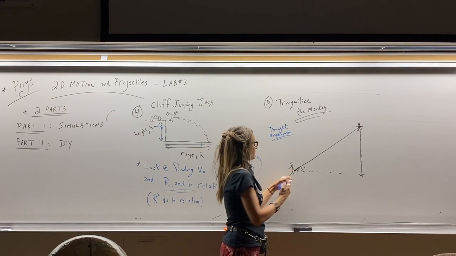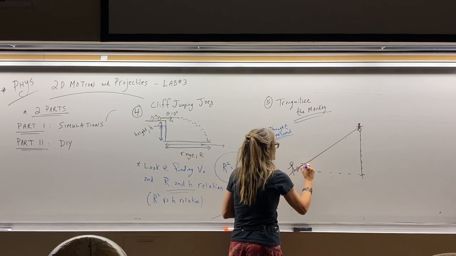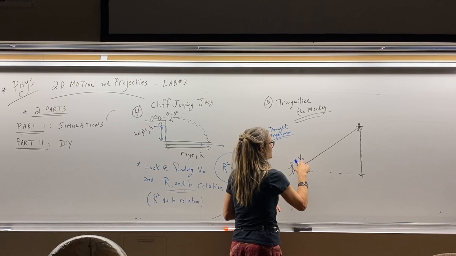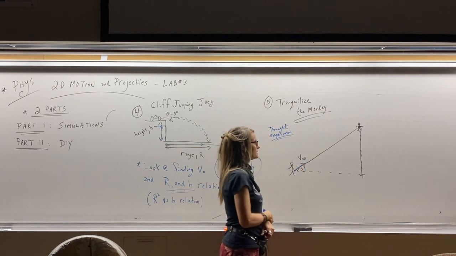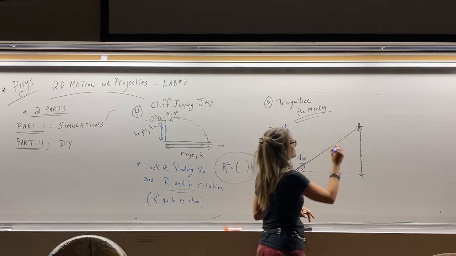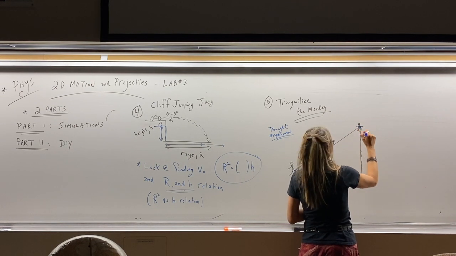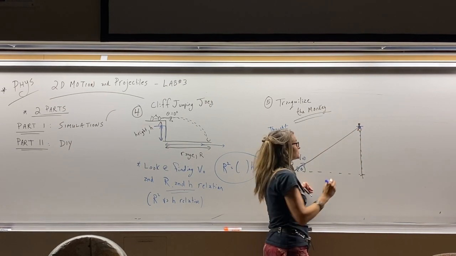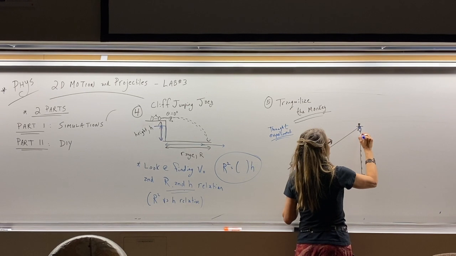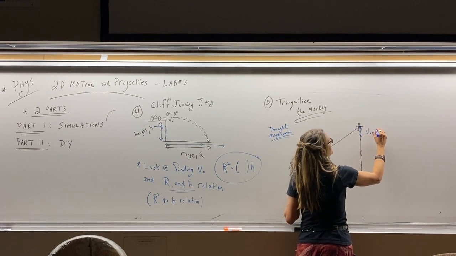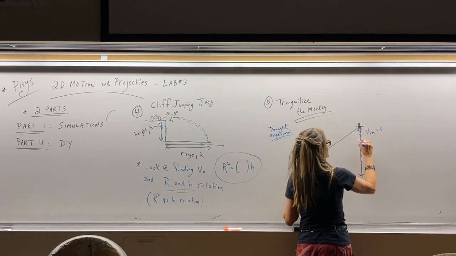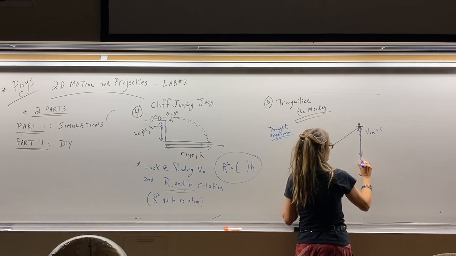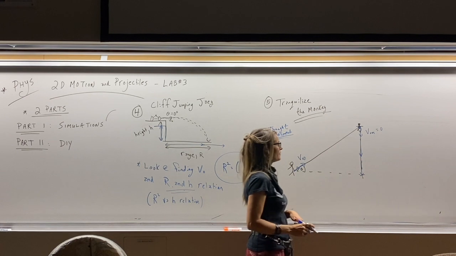So if this ranger were to shoot this dart, V0 dart, out, at the same time this monkey sees the ranger about to do this and drops. So we'll call that V0 monkey, which we know is 0 initially. Then it's going to start falling.